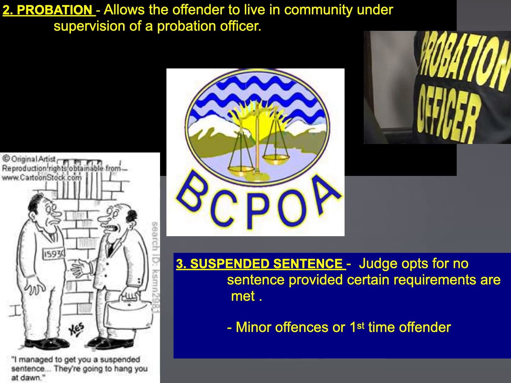Number three is suspended sentence. A judge may opt for no sentence provided certain requirements are met. Essentially, you are being convicted but are being let go. But if those conditions are broken, then the sentence, which means prison time and incarceration, will occur.